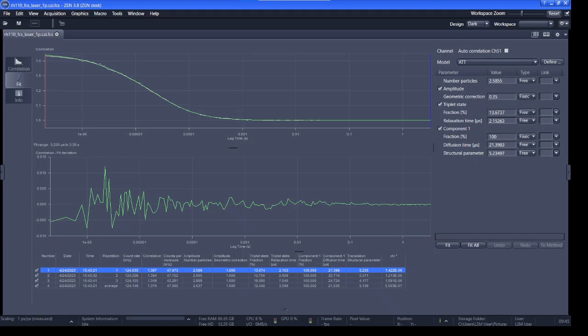So for us life scientists, FCS technology sometimes seems a little bit intimidating because it involves a lot of model fitting, curves, and statistics. But this is not the main reason why not many people use FCS technology in our life science research.